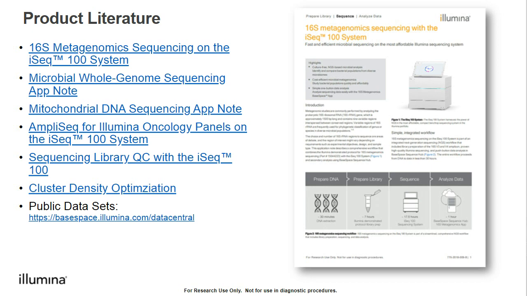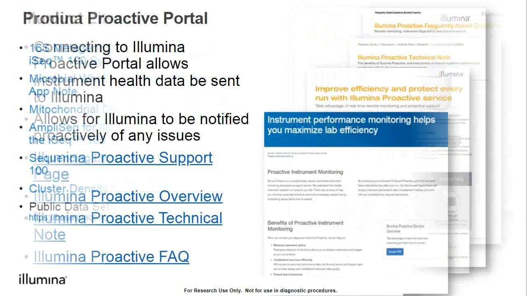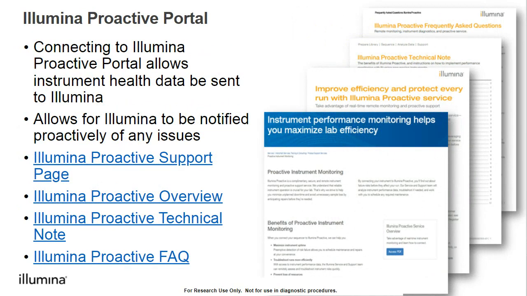And last but not least, the last resource I wanted to share with you is Illumina Proactive. It's a great tool if you choose to connect to that Illumina Proactive portal. Instrument metrics and performance metrics are sent to Illumina, and it can alert us of certain issues on the iSeq 100.